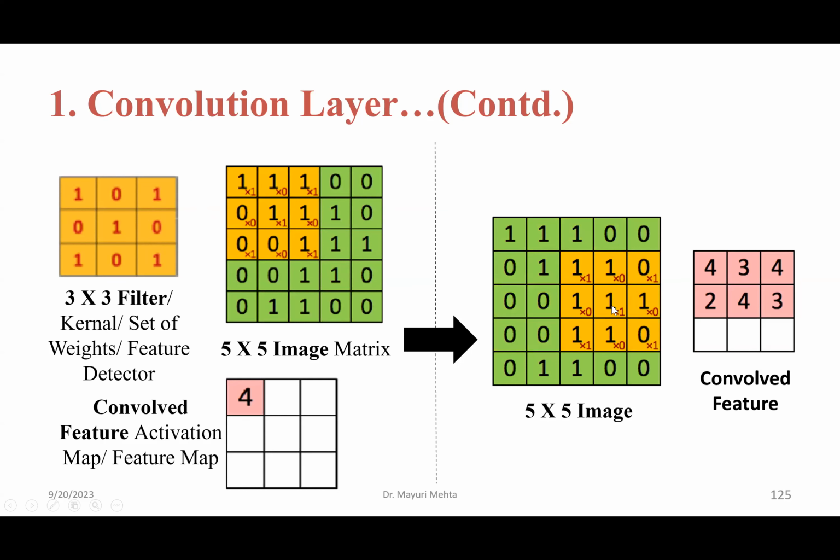Such 9 blocks of 3 cross 3 are there, which are overlapping. The kernel, meaning the weight matrix, shifts 9 times because of stride length 1. I'll tell you what a stride is, but it shifts 9 times because we have considered stride length 1. When stride length is 1, it is called a non-strided operation.